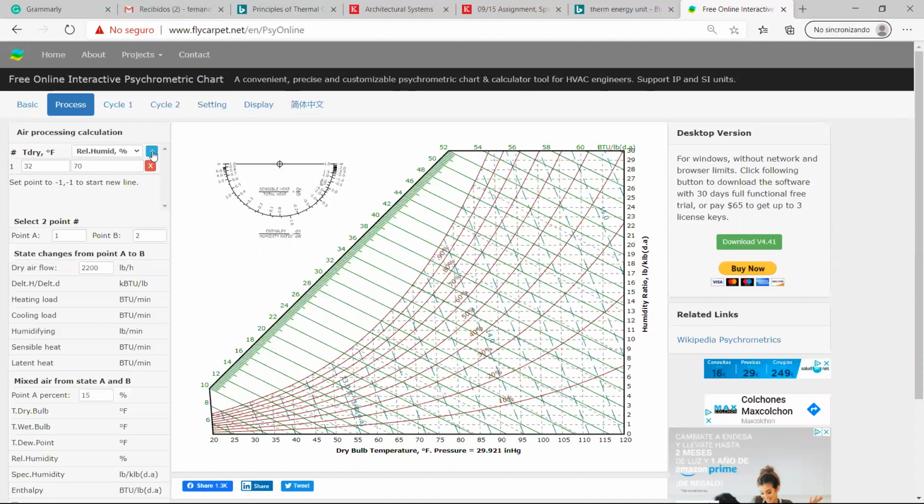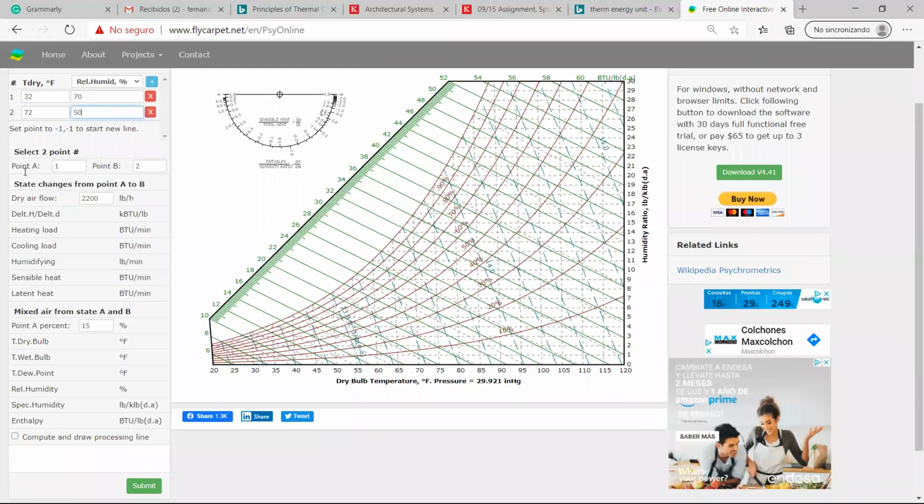Now we click plus again, and number 2 is 72, and relative humidity is 50. So this is what we have done before. And now you see that we have point A1 and point B2. State changes from point A to point B.